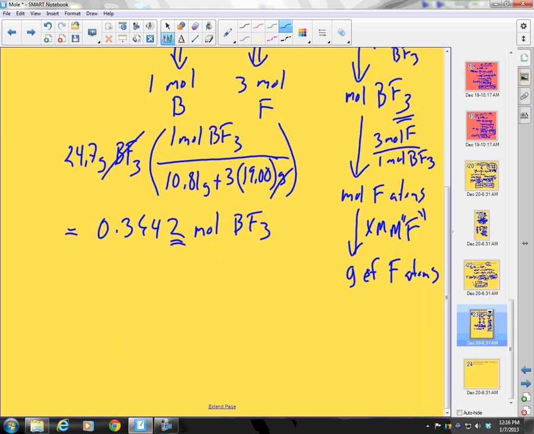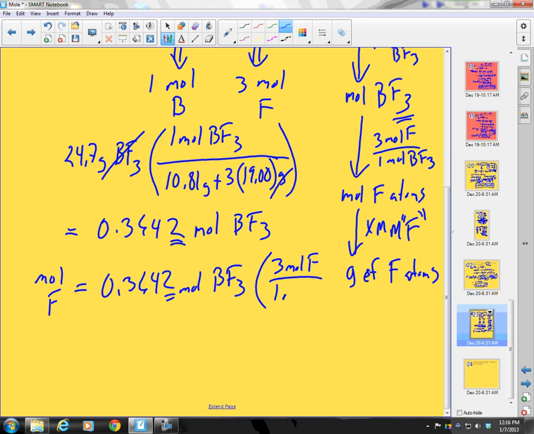So now I want moles of fluorine atoms, which is going to be 0.3642 moles of boron trifluoride times what? 3 moles of fluorine per 1 mole of boron trifluoride. Got it? Good. So I multiply this times 3, and I get 1.0927.